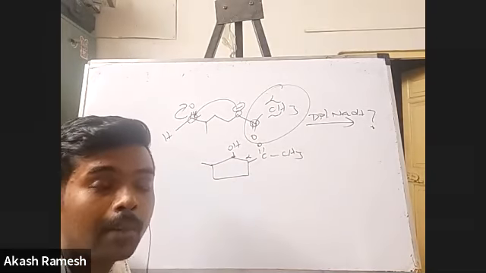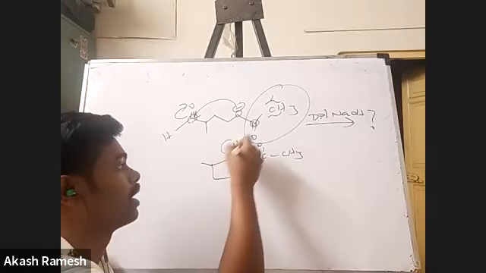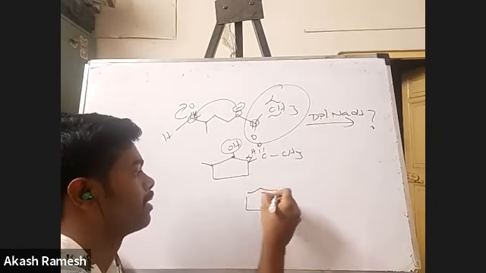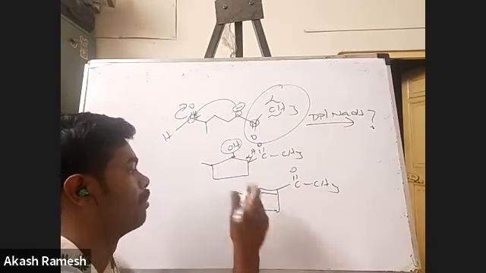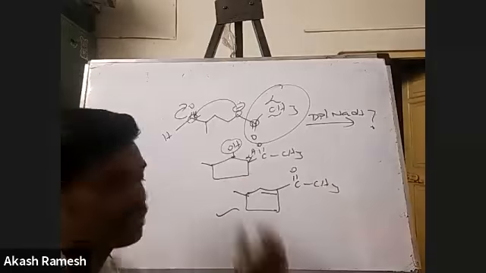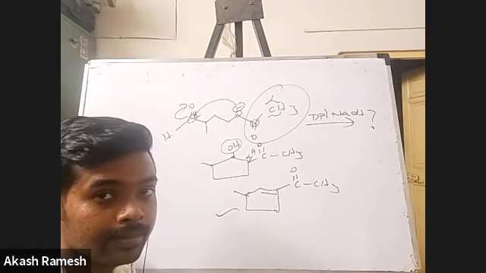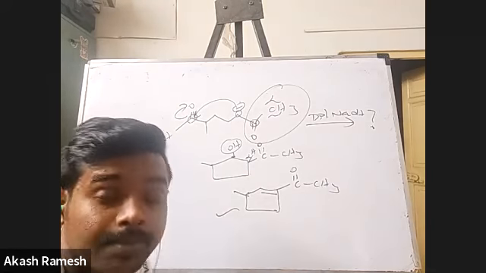You must always form an alpha beta unsaturated aldehyde or ketone. So now if I remove OH and the H from this, you will be ending up with a methyl group here, right? Anybody got this answer or this answer? No, nobody got it.